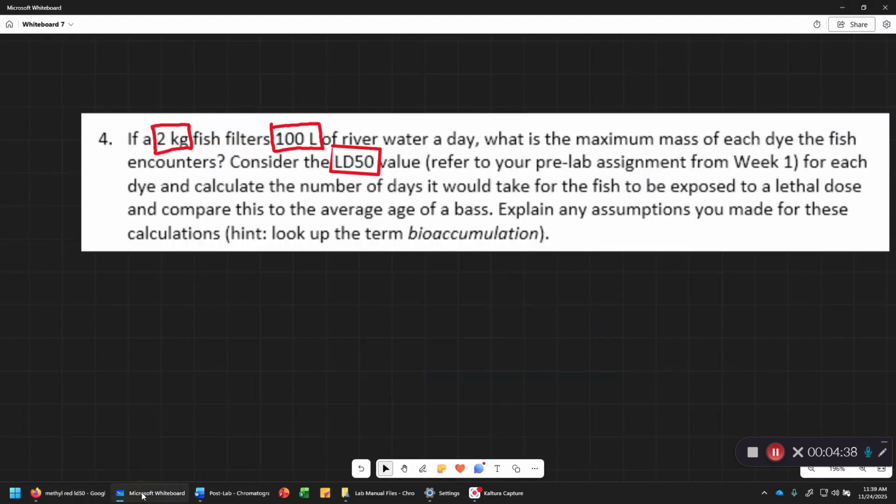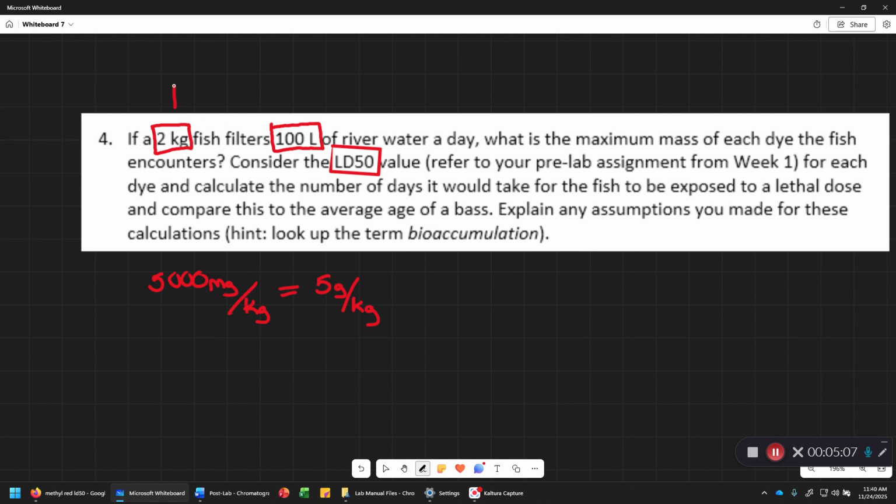So let's bring that over here. We can take this unit and convert it into grams per kilogram. So that equals 5 grams per kilogram of body mass.